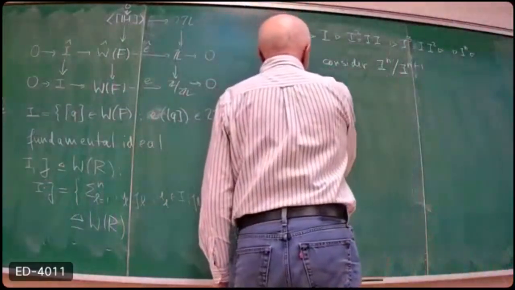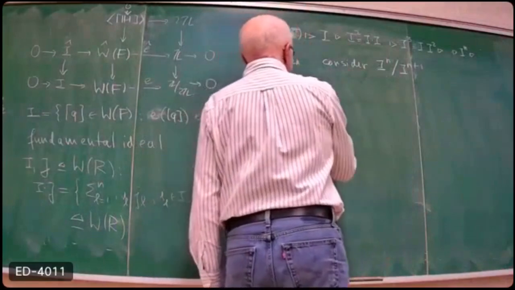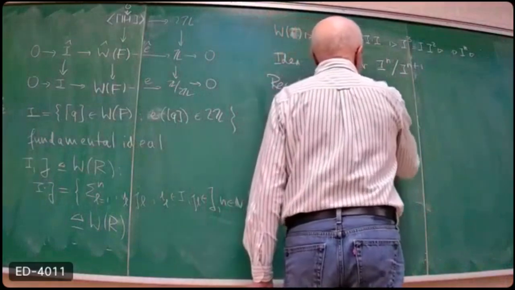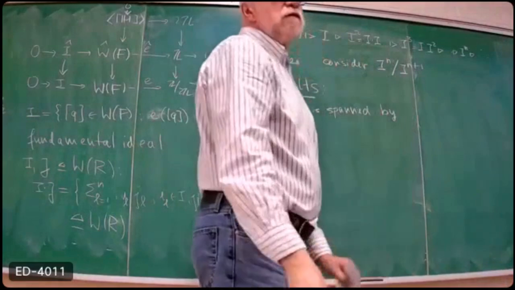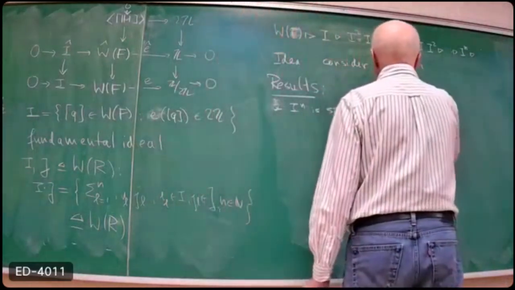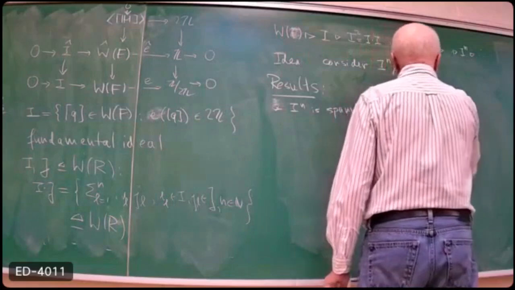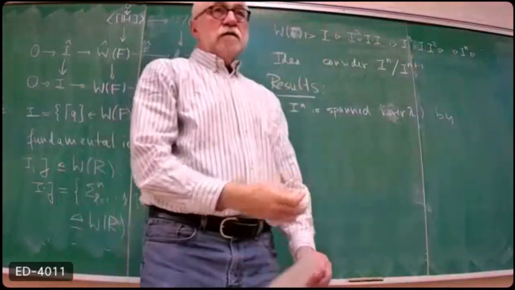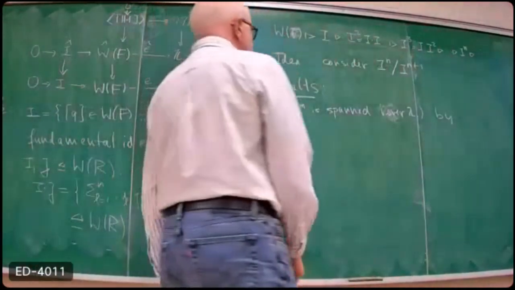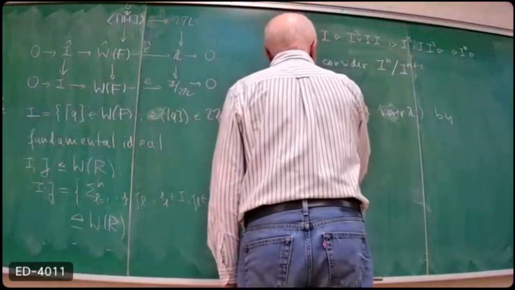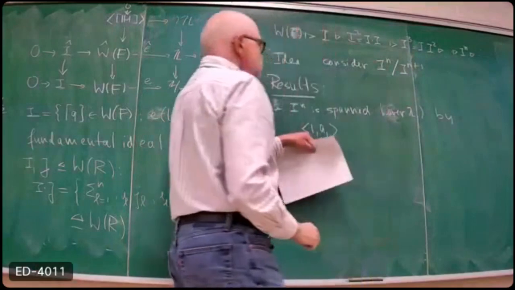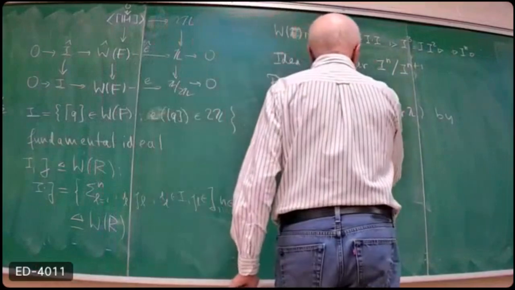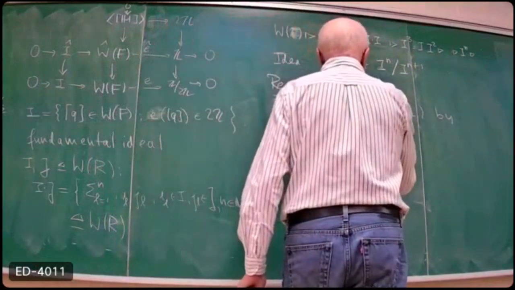Well, first of all, I to the n itself is spanned by a very specific product, namely it's spanned by forms of this type. So this is a two-dimensional form. I can take its multiplication by another two-dimensional form.